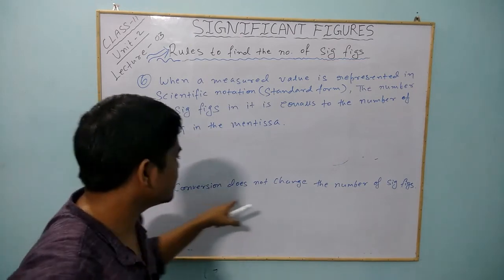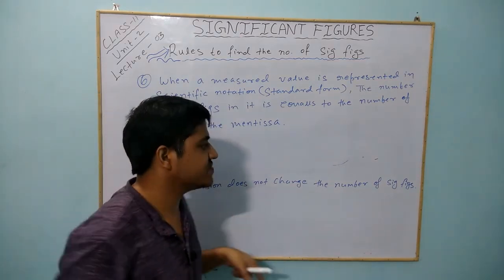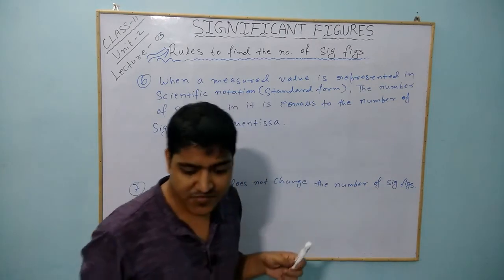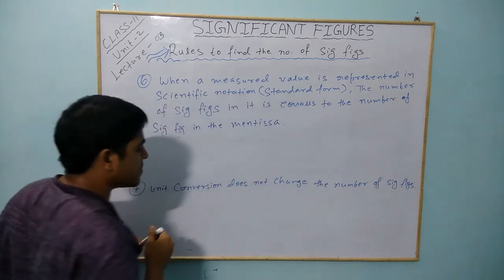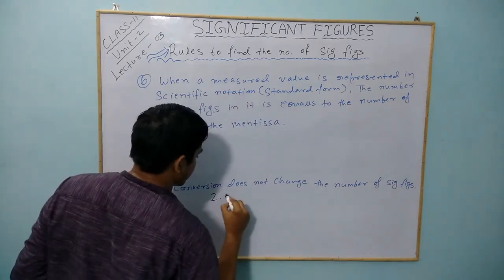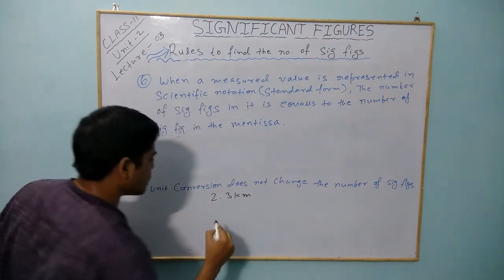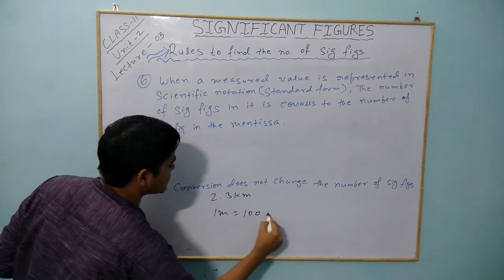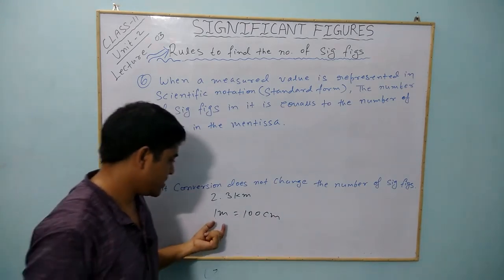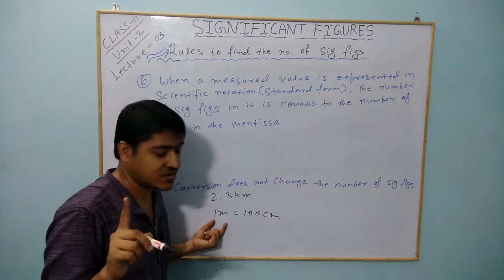Now, unit conversion does not change the number of sig figs. See, suppose I have a value 2.3 kilometers, or 1 meter. 1 meter is equal to 100 centimeters. In 1 meter, the number of sig figs is 1.